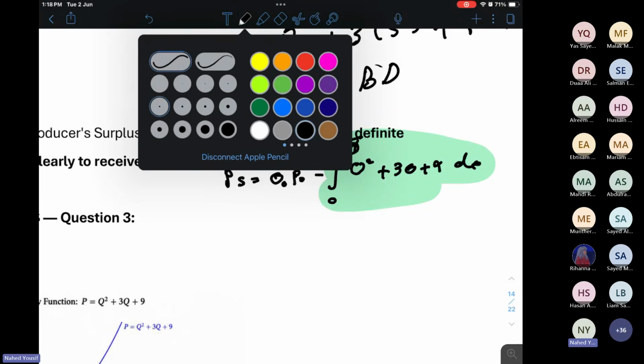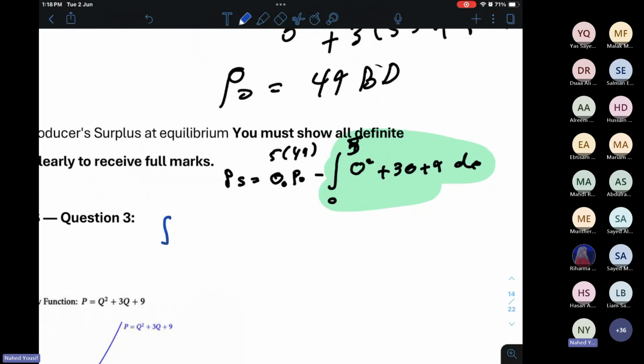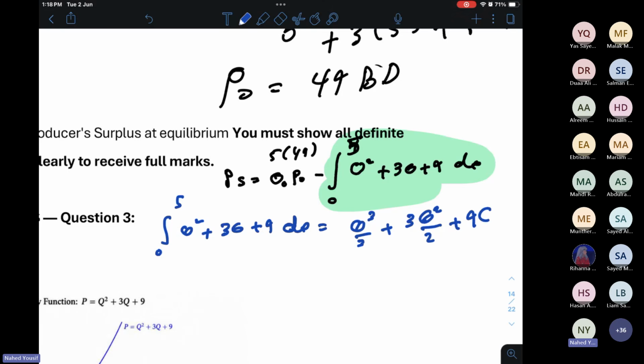So we have to find the integration, dq, which will be, here we are integrating, we're adding 1. So it will be q cubed over 3 plus 3q squared over 2 plus 9q, from 0 to 5, substituting with 5.